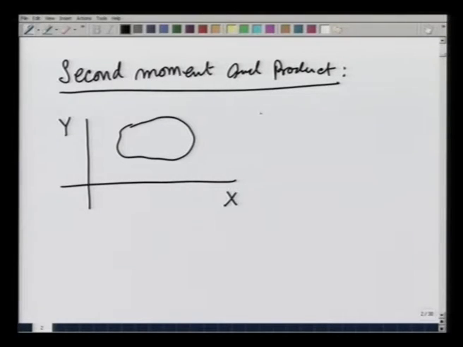Then the second moment I x x about the x axis is defined as, I take a small area, delta A, multiply this by the perpendicular distance from the x axis squared.